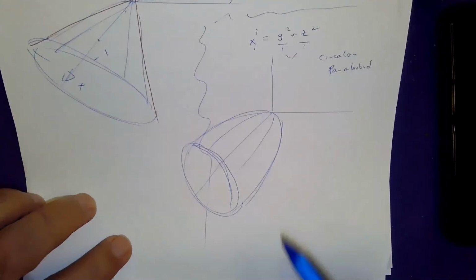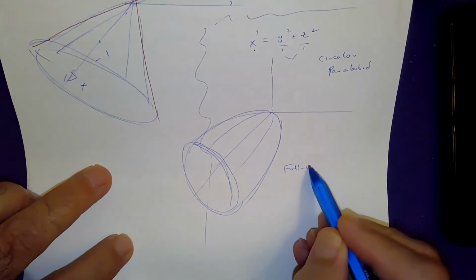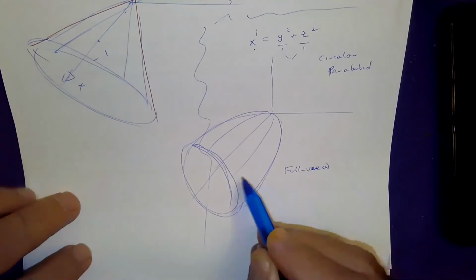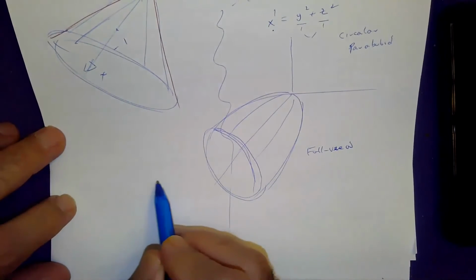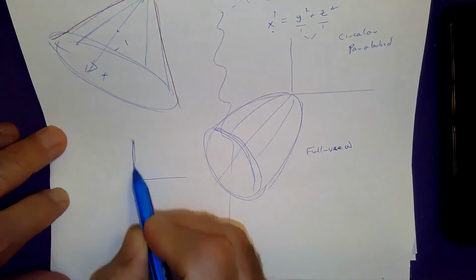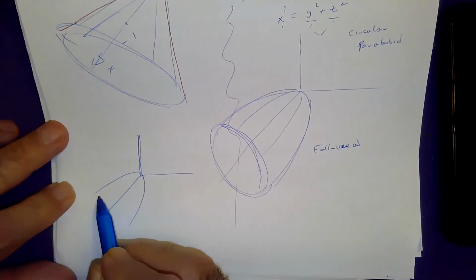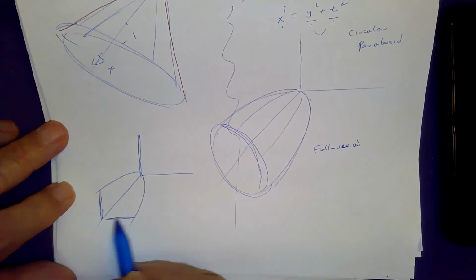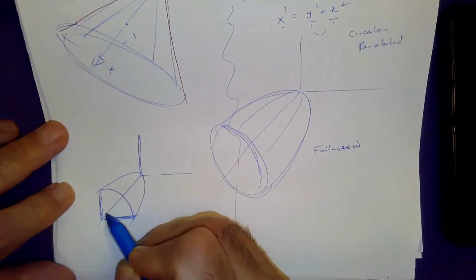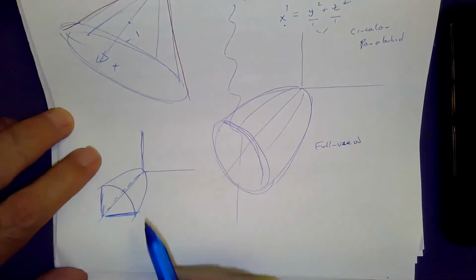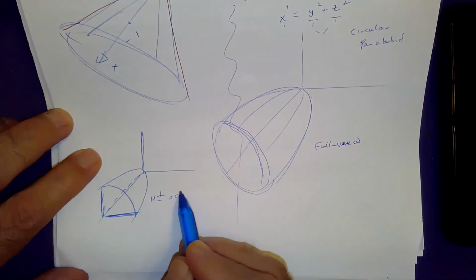So this is the full view, right? If you want to show the first octant view, you could do this. So here's the paraboloid, and now close it up like this. There. So this would be the first octant view.